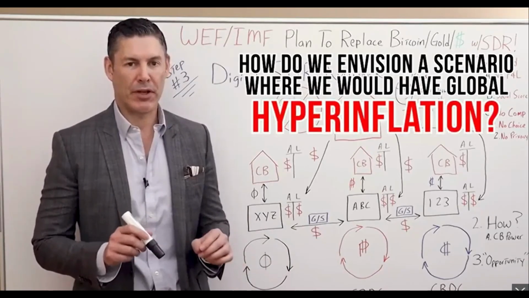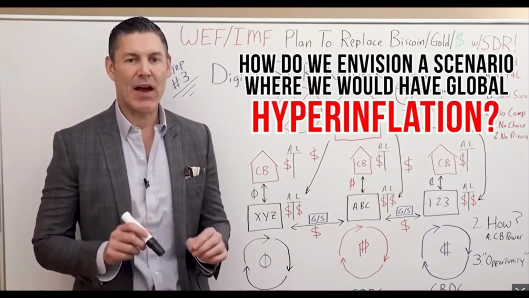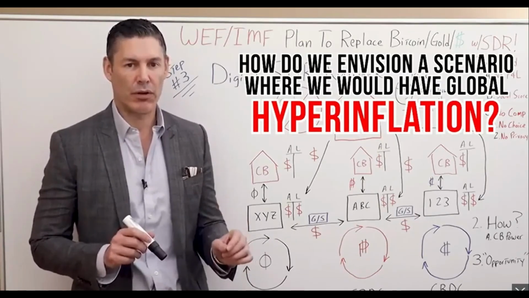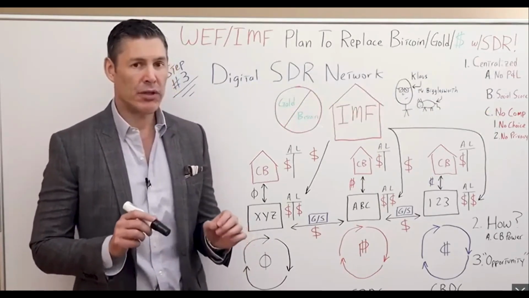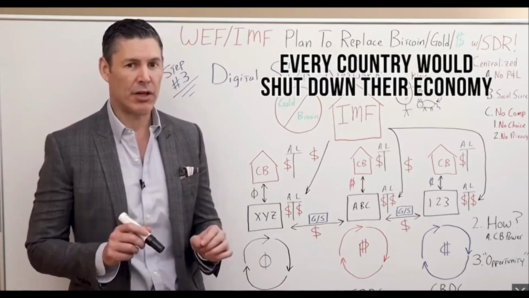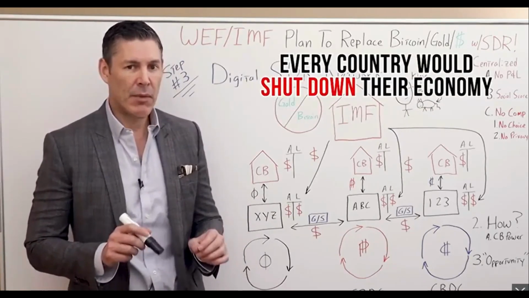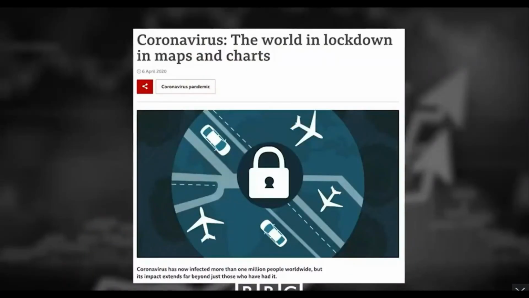So then the next question becomes, how do we envision a scenario where we would have global hyperinflation, a straight devaluation of the major currencies in the world? Well, first, what you would need is for every country to shut down their economy. Maybe some type of lockdown.